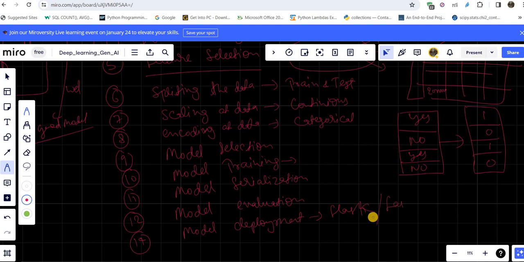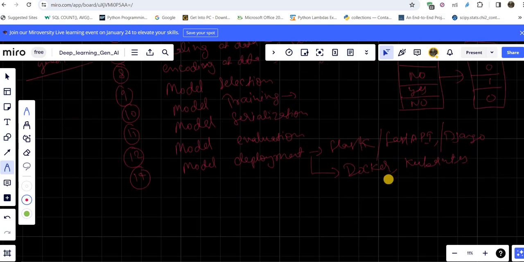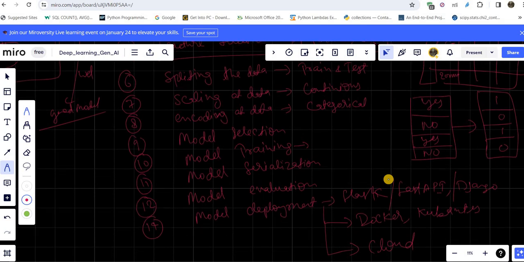Flask is there, FastAPI is there, Django is there, Streamlit is there. Once it is deployed, how you can Dockerize it, how Kubernetes, all those things you can use. And then once it is done, how would you deploy it on the cloud? So this is the entire machine learning life cycle.